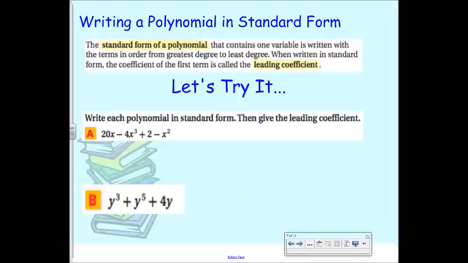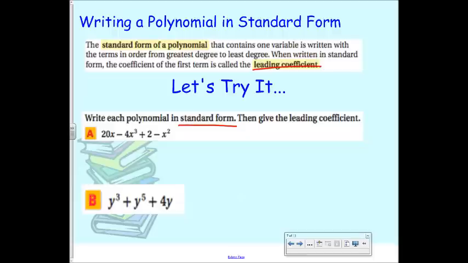We're not going to worry that much about that, but I do want you to be able to write it in the correct format. So what would this polynomial look like in standard form? Again, standard form means the biggest degree to the smallest degree. So if I rewrote this in standard form, what would it look like? Which one is going to be my first term? Okay, this one will be my first. What will be my second?